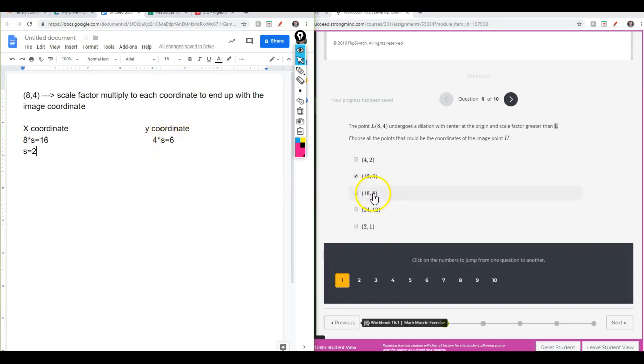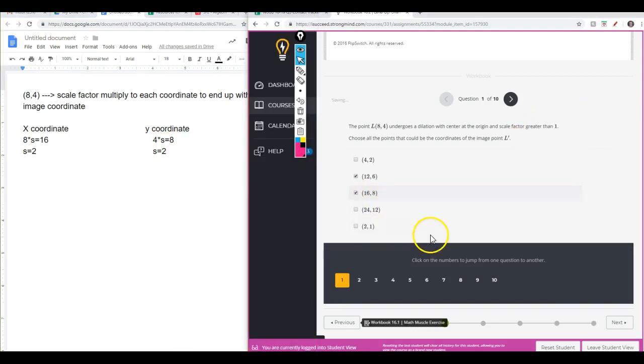The y-coordinate on this is 8. So 4 times some number is equal to 8. Well, I know that 4 times 2 is 8, so I know the scale factor is also equal to 2. Since the scale factors are the same and it's greater than 1, that also can be coordinates.